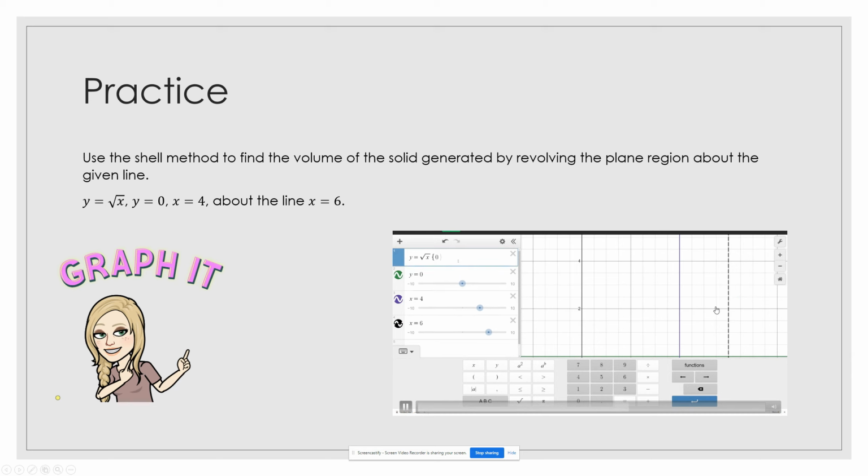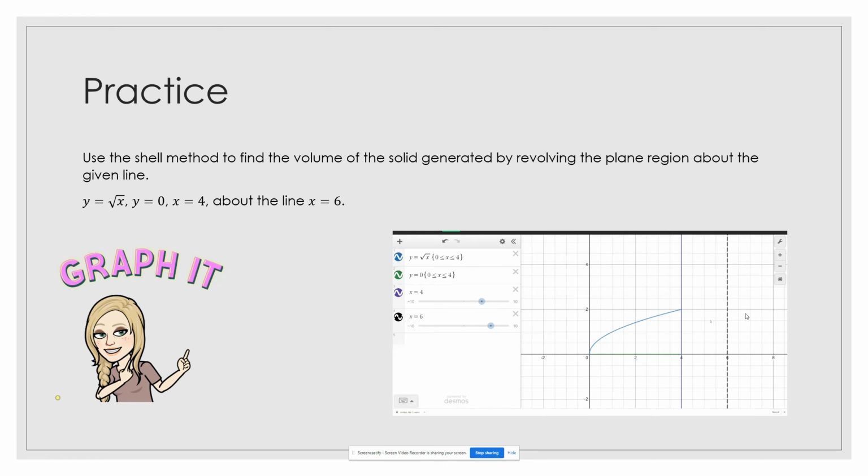And then you'll see that I'm going to restrict all of my domains so that I can really clearly see what region we are rotating. So what I'm doing right now is figuring out what my range is, because to restrict the x equals, I need to put in my range.